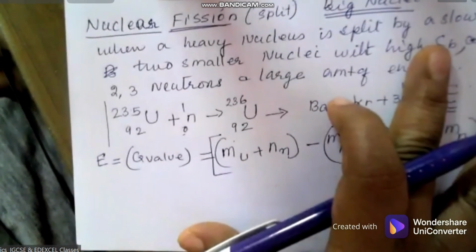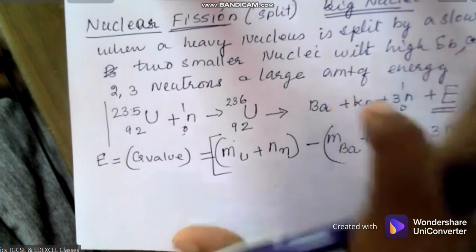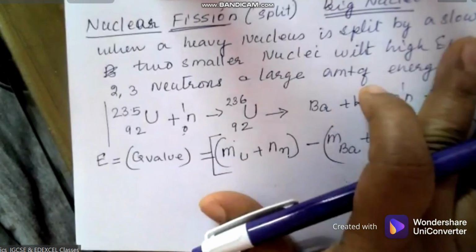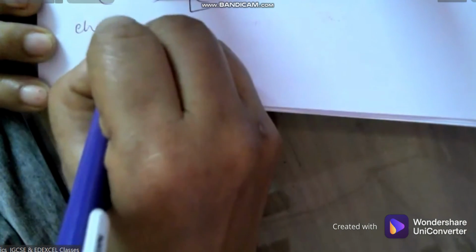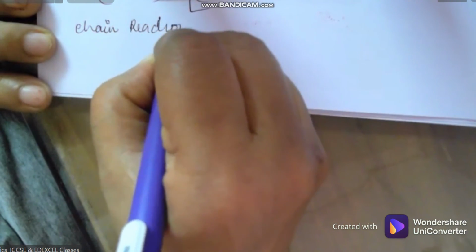Now let's learn about a nuclear reactor. How does a nuclear reactor work? Before we learn about a nuclear reactor, you should know about a chain reaction. What is a chain reaction?